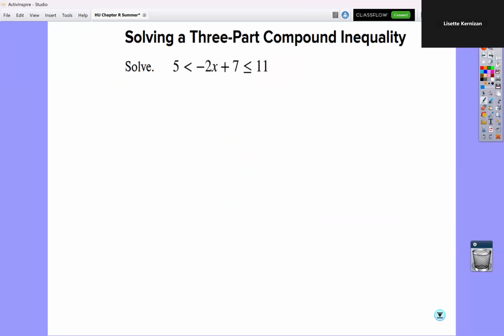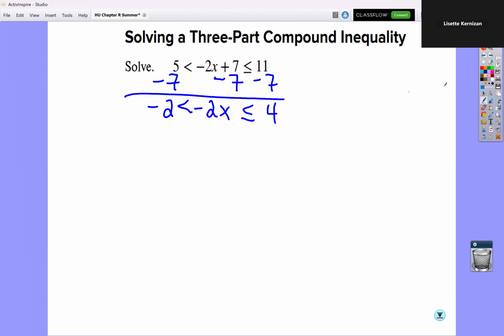All right. Next is a 3-part inequality. If you have 5 is less than -2x plus 7, which is less than 11, first thing you want to do is subtract 7 from both sides. 5 minus 7 is -2. -2x is less than or equal to 11 minus 7, which is 4.